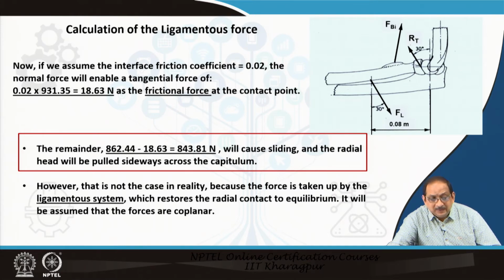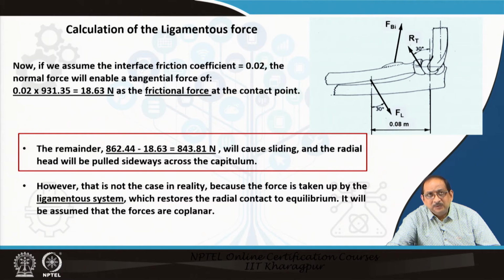And if we assume an interface friction coefficient of 0.02, we can find out the frictional force at the point of contact as a function of the normal force that has been calculated as 931.35.